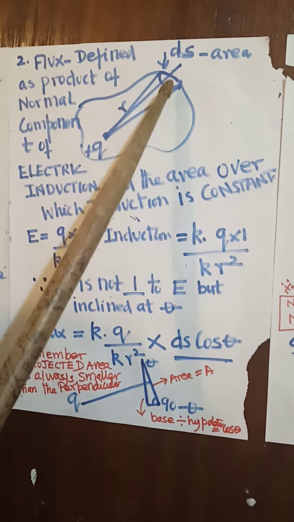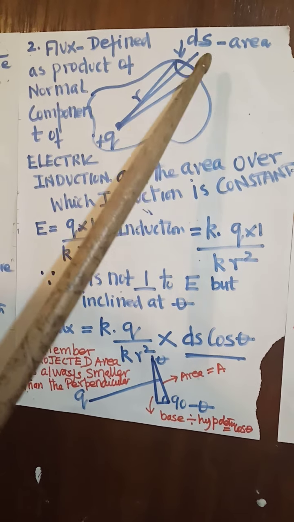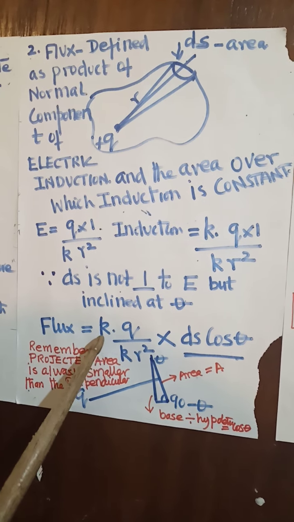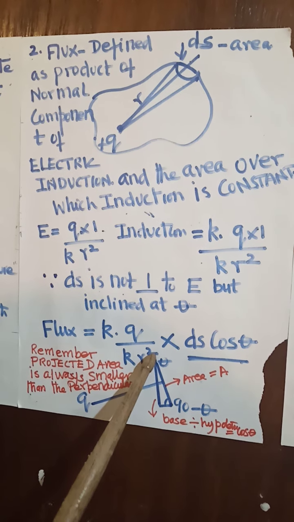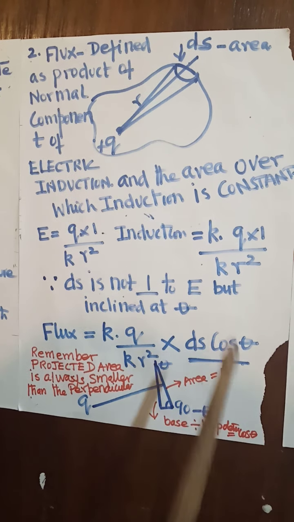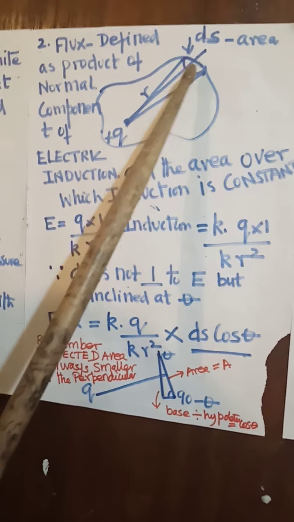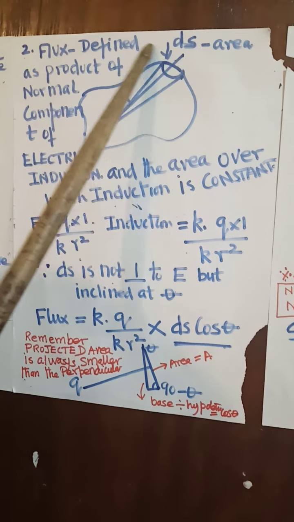Now, you have to know a little of trigonometry. If this ds is perpendicular to this, then the flux is very simple: K into Q by K R square into ds. There will be no cos theta. But now this ds is inclined to this. It is not normal.